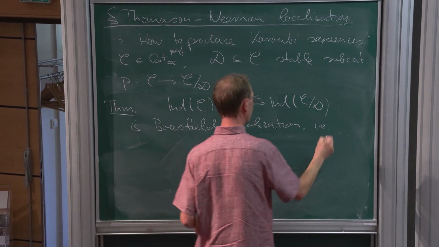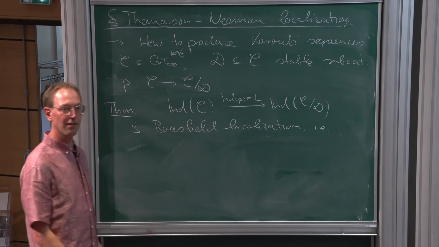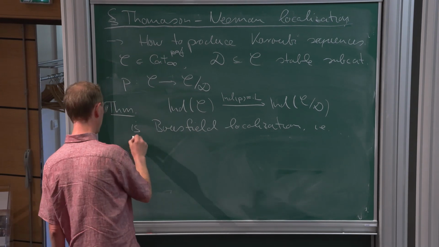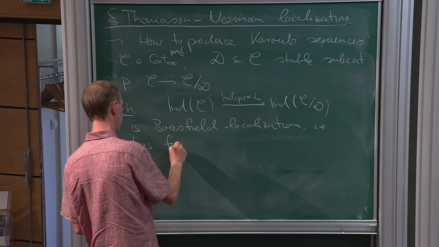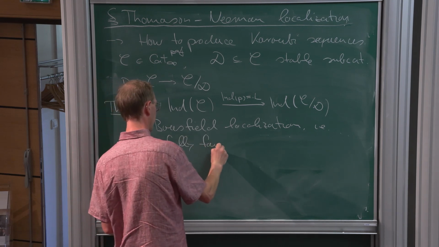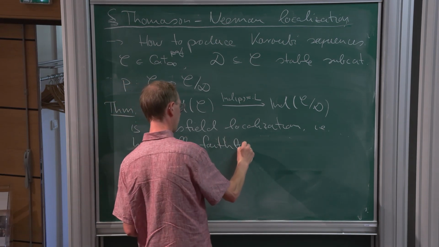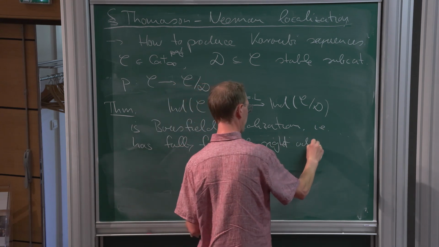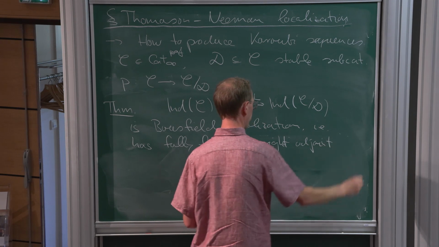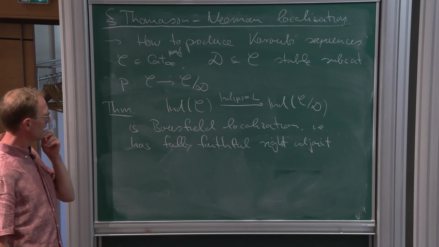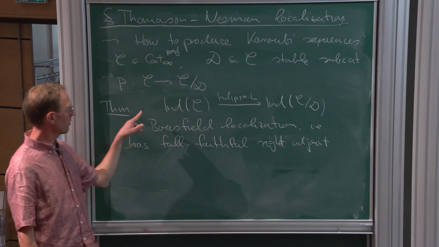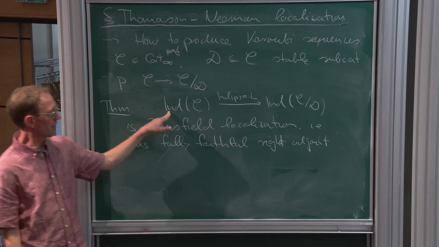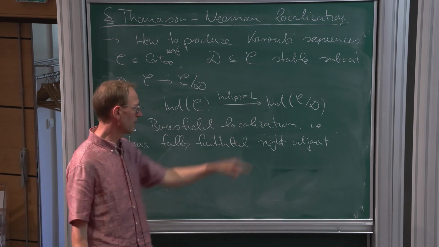So this means this functor has a fully faithful right adjoint. And then you can look at the kernel of this functor, so the subcategory of all objects that map to something equivalent to 0 here.